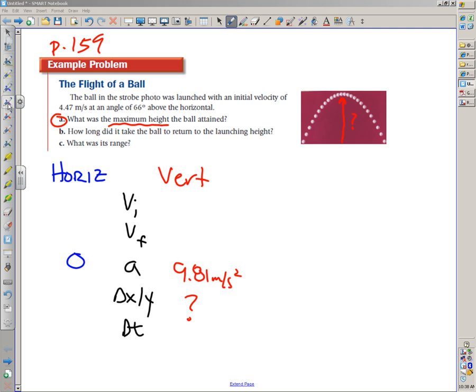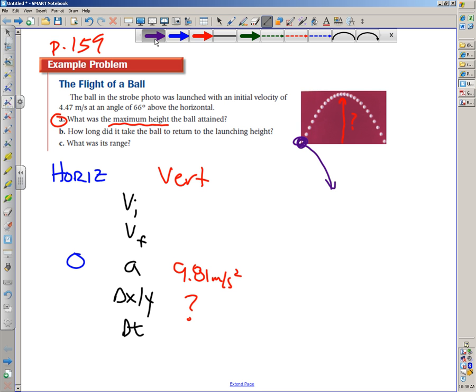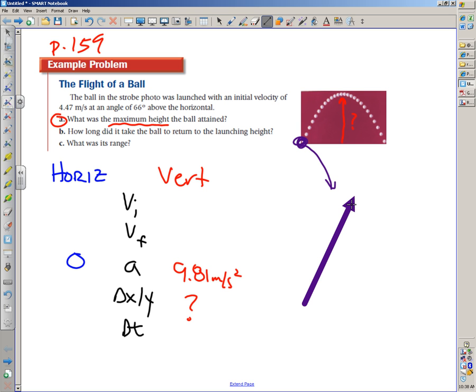So, at this point, right here, that spot when it first gets launched into the air, it was doing this. Right? That sound familiar from yesterday, those of us that were here? And we said that this is 4.47 meters per second, and that it told us that it was launched at an angle of 66 degrees.